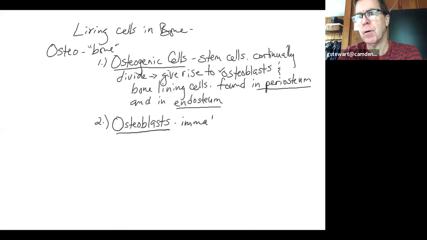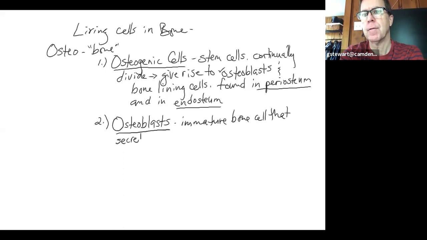It's an immature bone cell that secretes something called osteoid, which is part of the non-living matrix of bone.